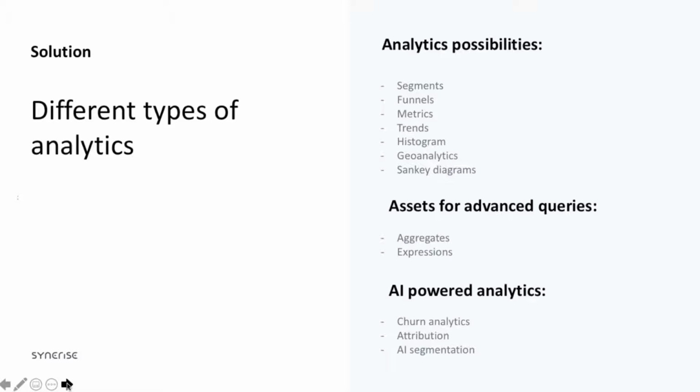You have metrics, trends, histograms in order to analyze events, not users, but their events, and make some calculations on them. But then we have assets for advanced queries, such as aggregates, expressions, and of course, AI-powered analytics, such as churn analytics, attribution, or AI segmentation, for example.